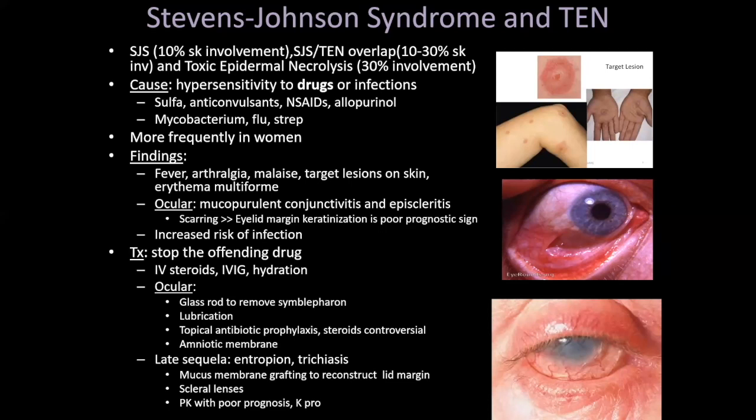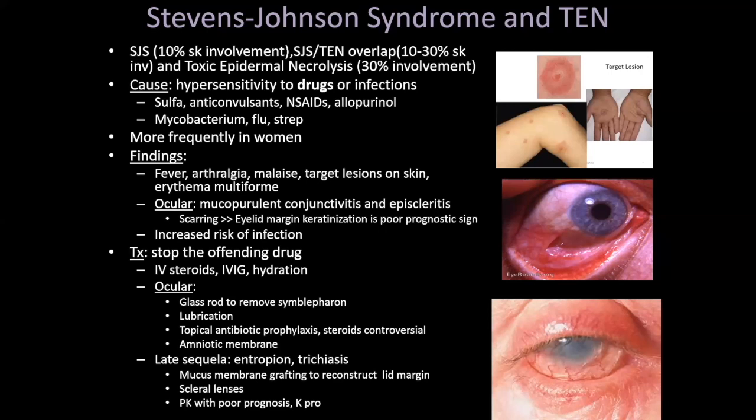Then you have the overlap presentation. The overlap disease is SJS-TEN overlap, when you have skin involvement up to 30%. Then it's solely TEN when the skin involvement is 30% or more. Right. So it's very, very important to keep this classification in mind.